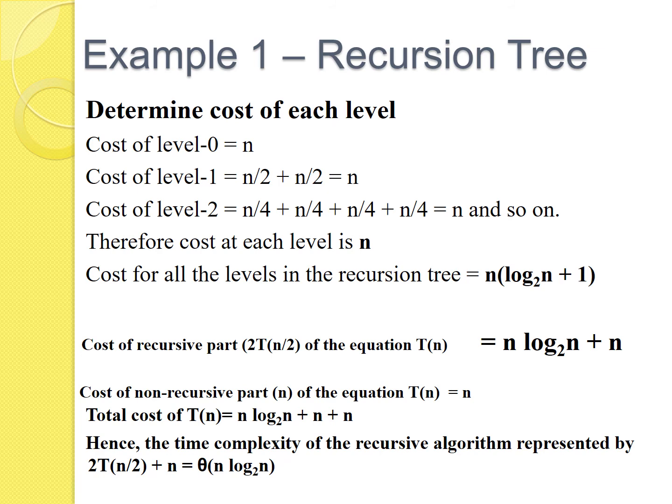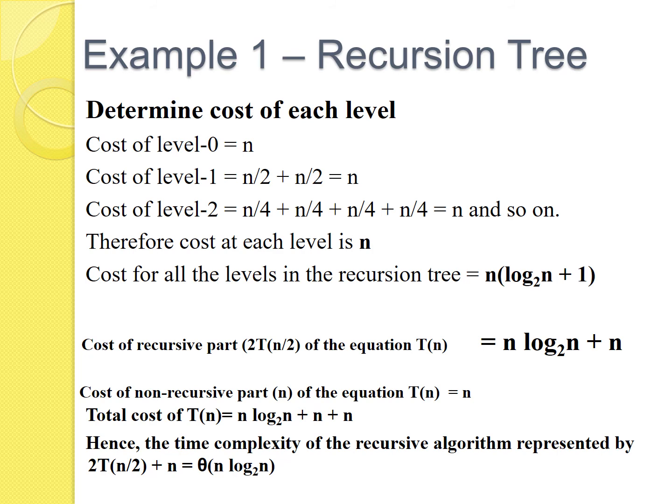So, the cost of all levels in the recursion tree equals n multiplied by log 2 of n plus 1, where log 2 of n plus 1 is the height of the tree. The cost of the recursive part of the equation T of n equals n multiplied by log 2 of n plus n. The cost of the non-recursive part of the equation T of n equals n.